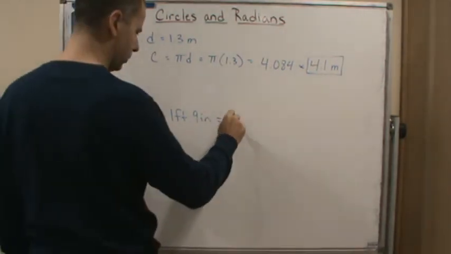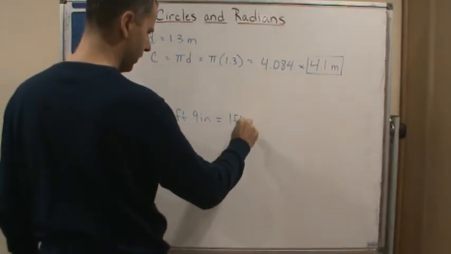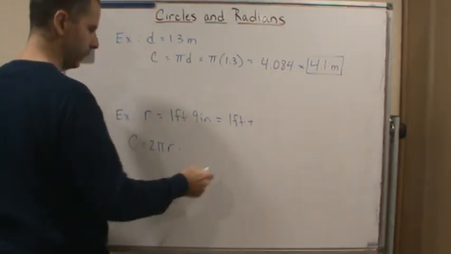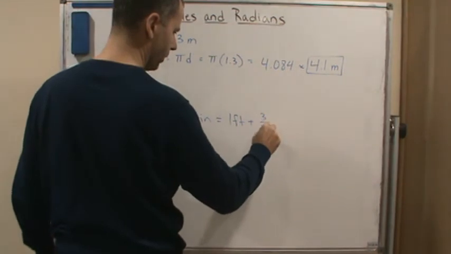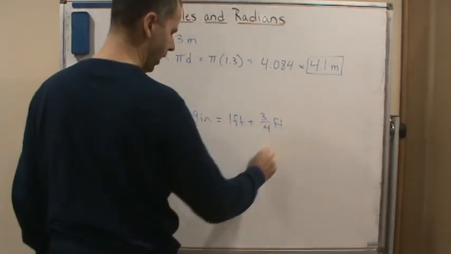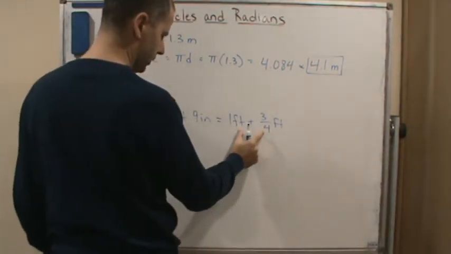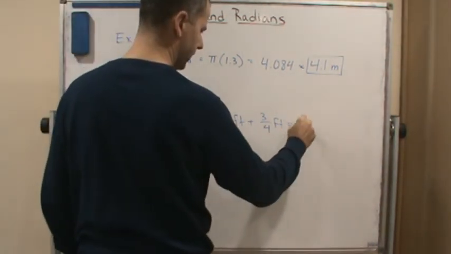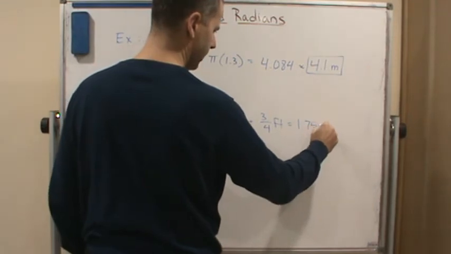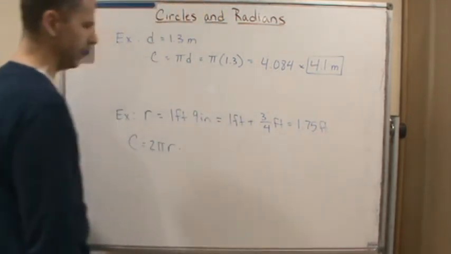So this is equal to 1 foot plus 3/4 of a foot. You could use this or just write it as 1.75 feet.